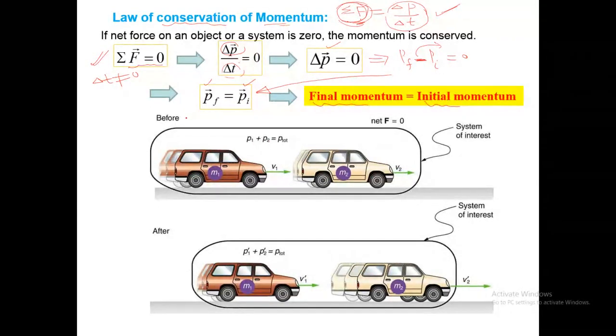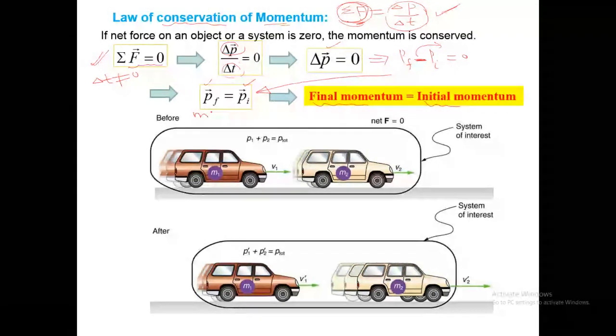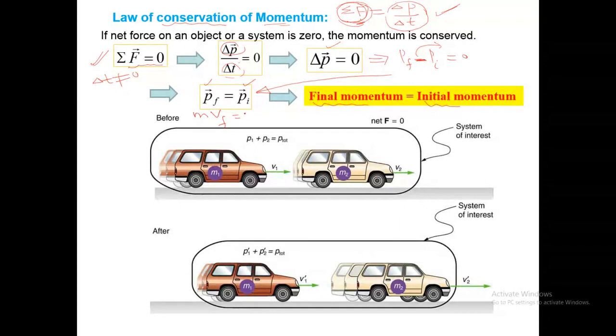Now, for example, if you have any object having mass m, v final, m v initial, that is for only one object.